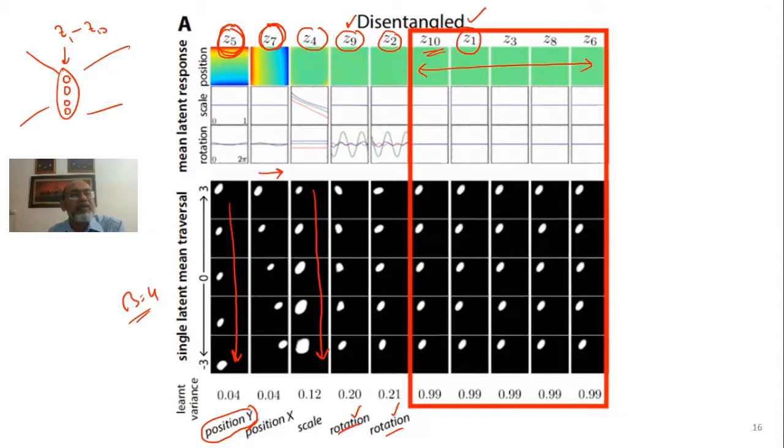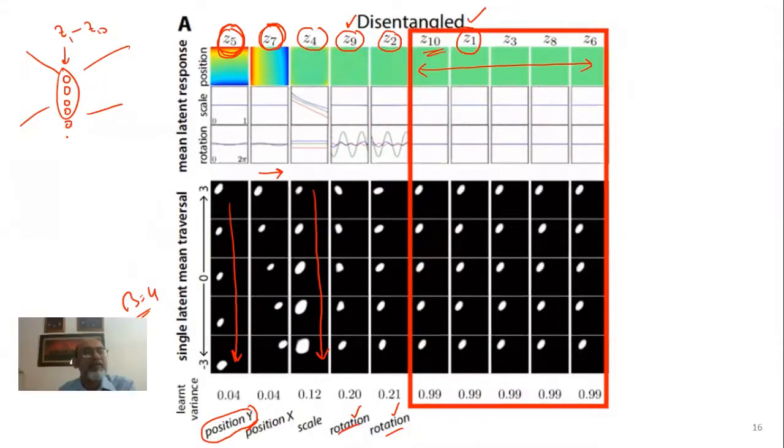And these 4 neurons now correspond to certain physical aspects of the images. There's changes in Y, X, scale, rotation, or actually 5 parameters over here. Okay. The rest of the neurons are actually not used.